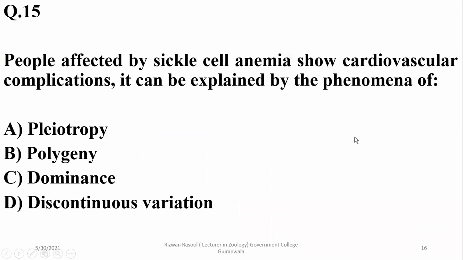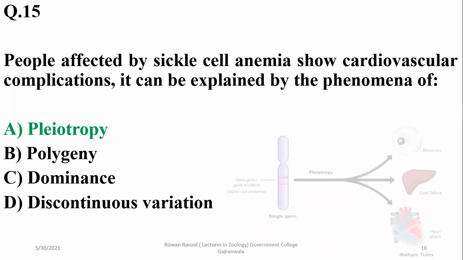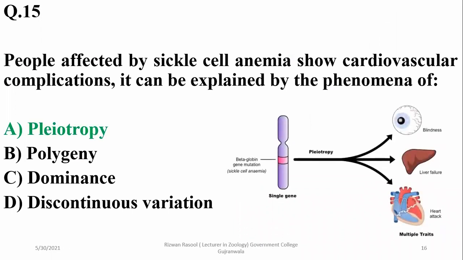People affected by sickle cell anemia show cardiovascular complications, is it due to pleiotropy? When a sickle cell hemoglobin gene is present, it is known to cause malfunctioning in the eyes, causing blindness. It may cause liver failure as well as heart attack.